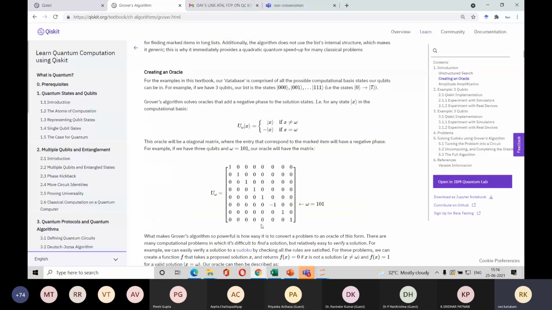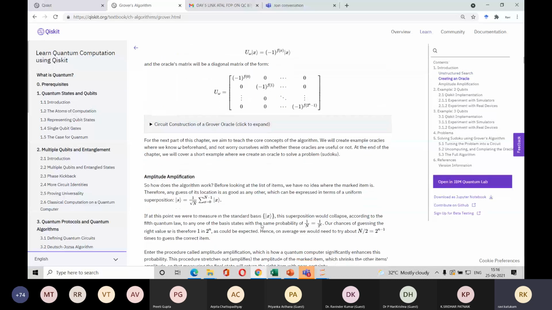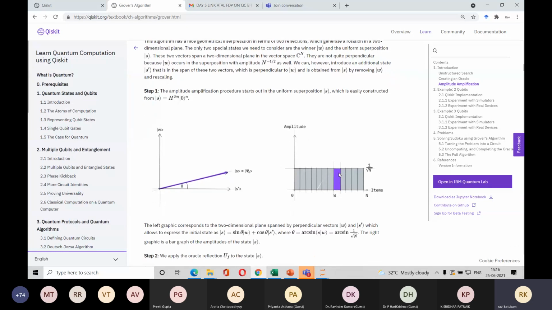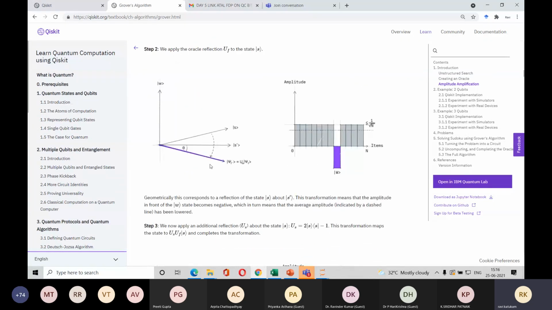What really happens? Let us see. What is this Grover algorithm? You create n states, and out of that there is one answer state. That state has some amplitude, and first we try to amplify that particular amplitude and invert, like taking a mirror reflection.